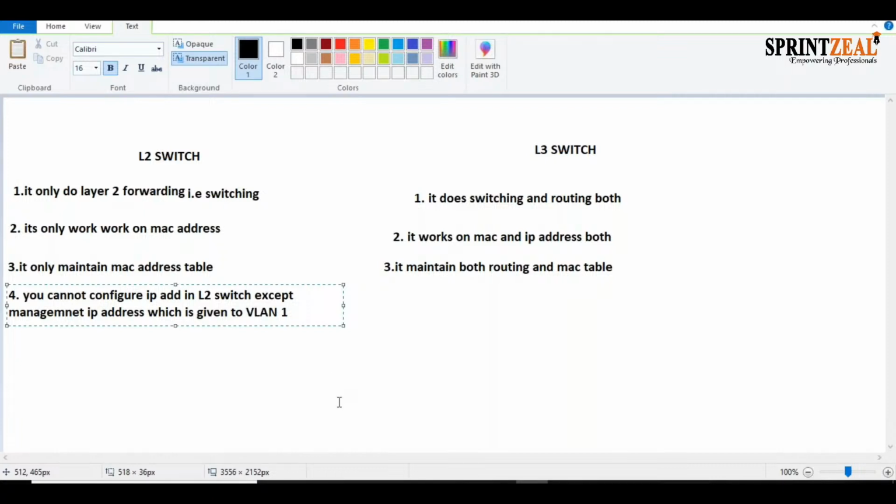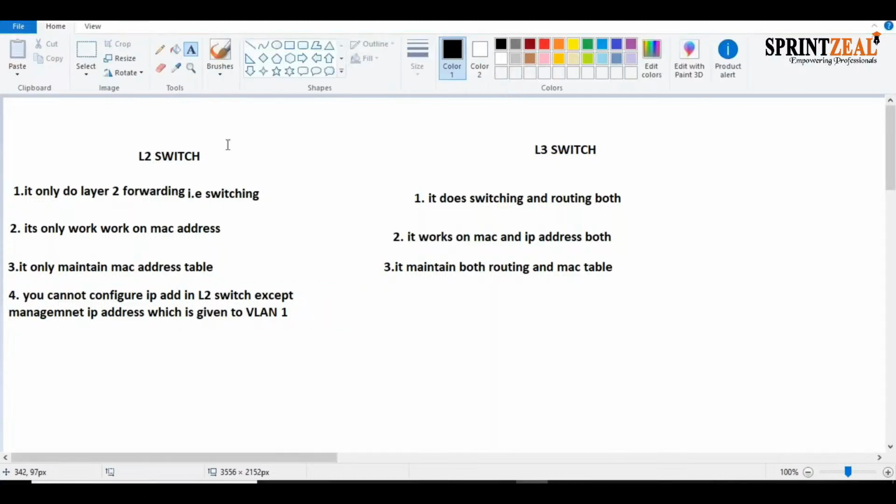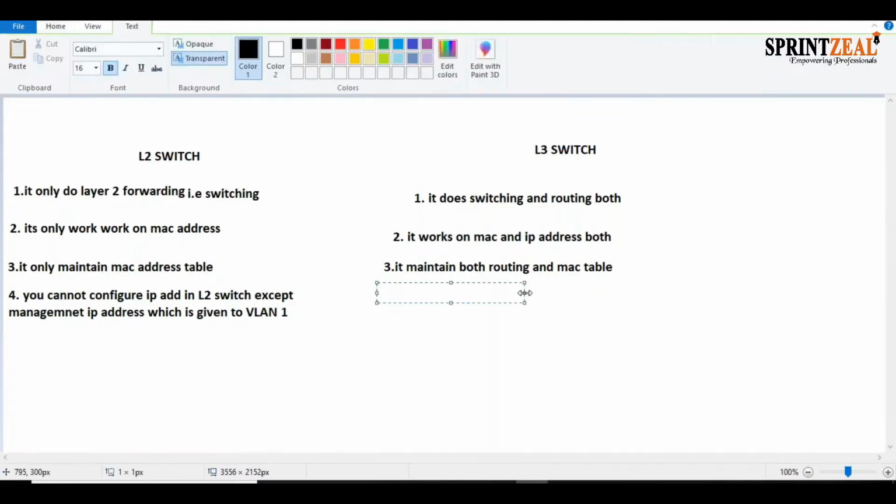So in an L2 switch, we cannot configure the IP address. If you want to configure an IP address, then we can configure it for VLAN 1. Now what about the L3 switch?